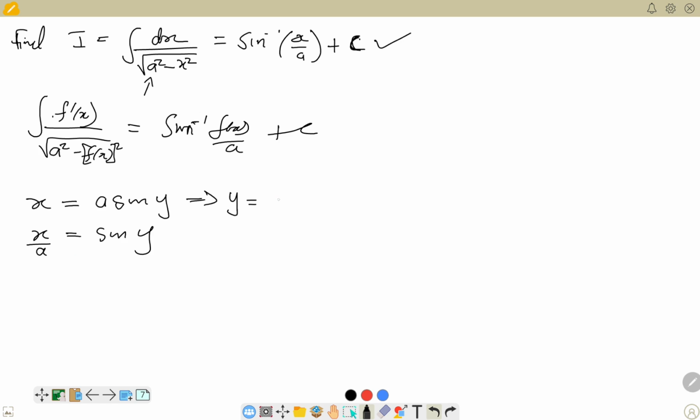Then when we solve for y, we can divide both sides by a, so this side has sine y. Solving for y, it's going to be arc sine x over a.